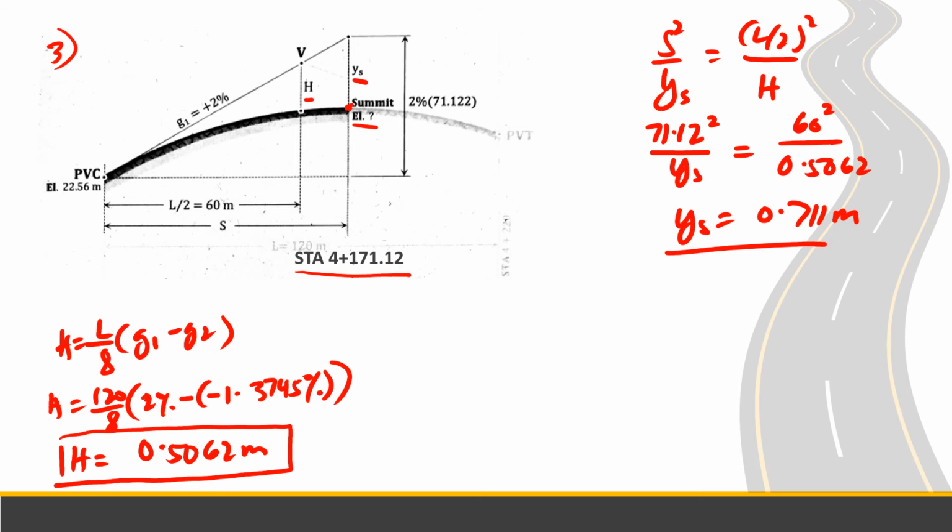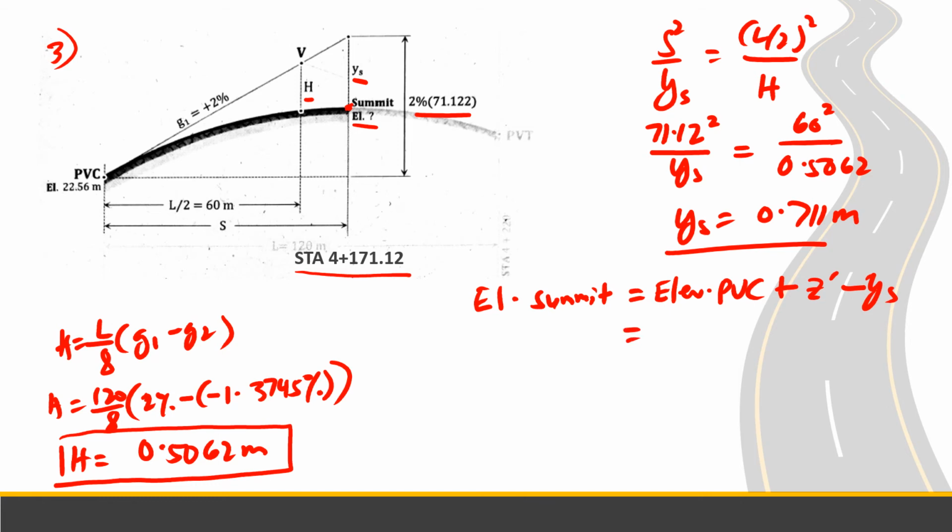So now the elevation of the summit, or the highest point of the curve, is the same as when we derived the equation earlier. The elevation of PVC plus the vertical distance, say Z prime, minus Ys.